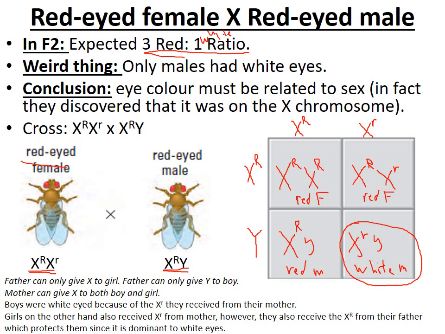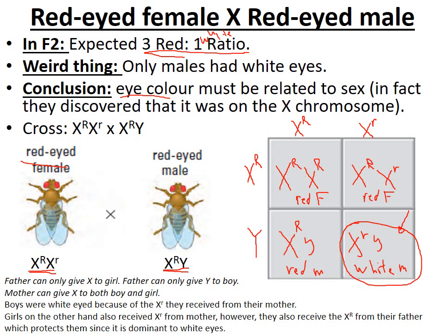So that led to the conclusion that eye color is probably carried on a sex chromosome because there's a difference in the sex patterns here. Why is it only males getting white eyes? And he then concluded that the gene for eye color must be on the X chromosome, not the Y chromosome.